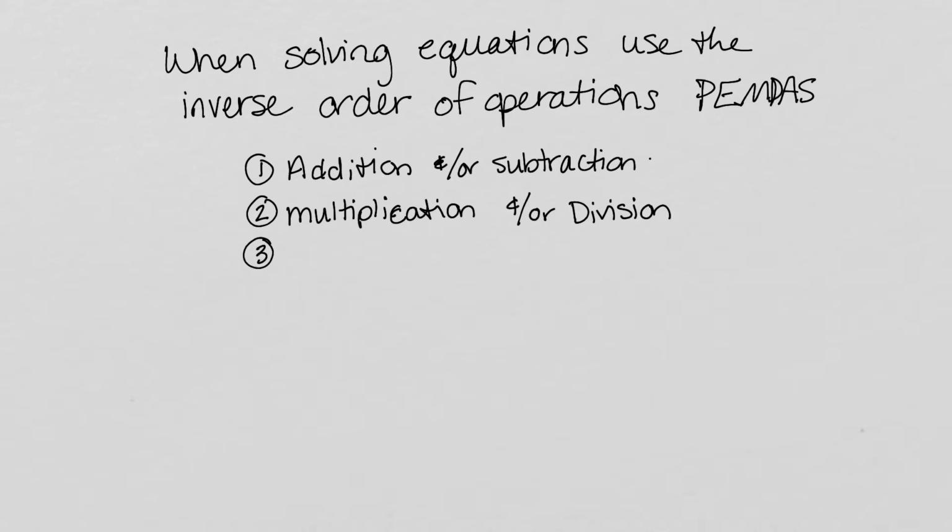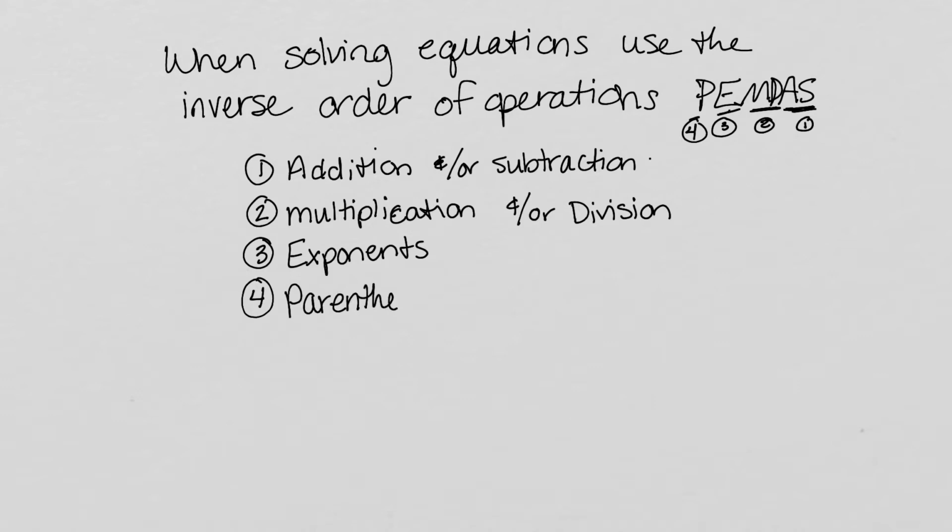Then you need to take care of those exponents, which, since we're doing linear equations, we won't have exponents, but later on we will. And then 4, so see, that was add, subtract, multiply, divide, exponents, and then we have P. So this is 1, 2, 3, and the P, which is 4, is parentheses. But you can also think of that as grouping symbols.